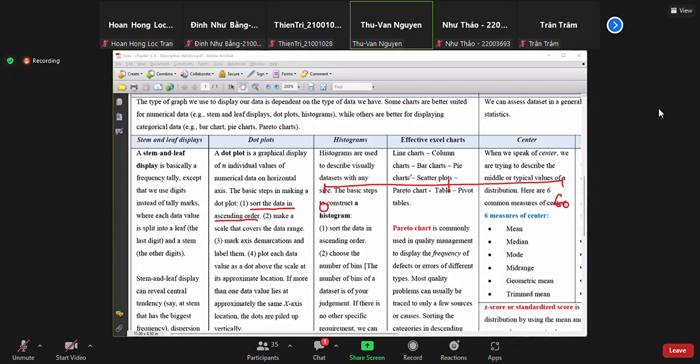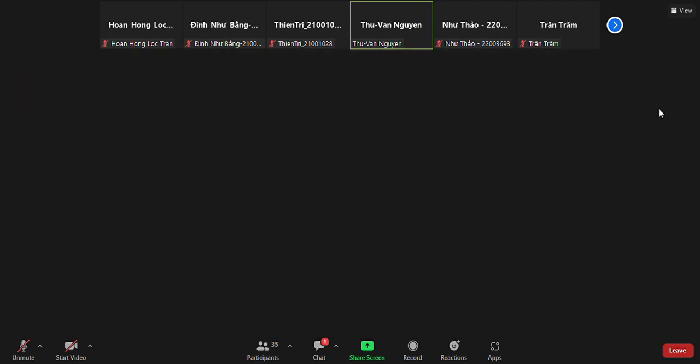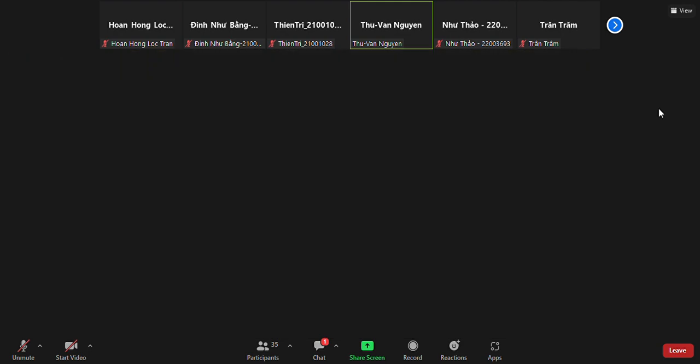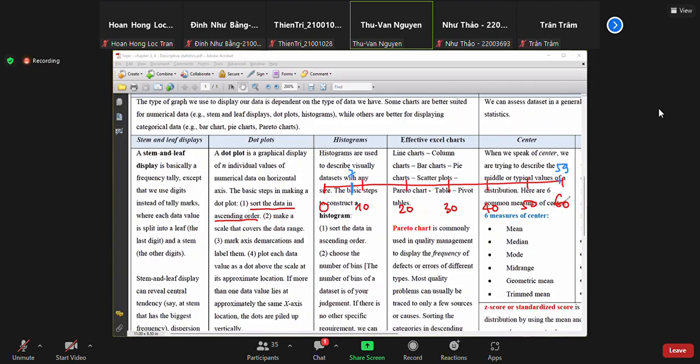So we can divide into 6 parts: this is 50, 40, 30, 20, and then 10. Where are your data values? Your data values are from 7 to 59. So we make a scale from 0 to 60 that covers the data range 7 to 59.